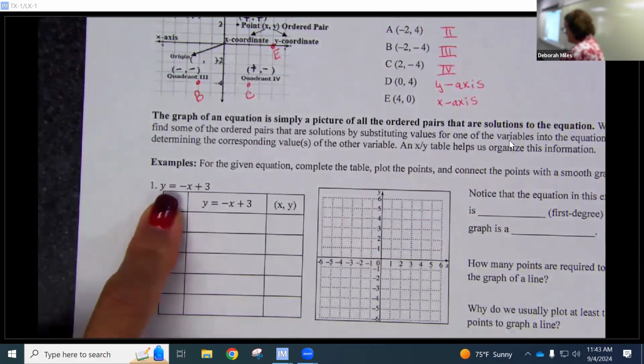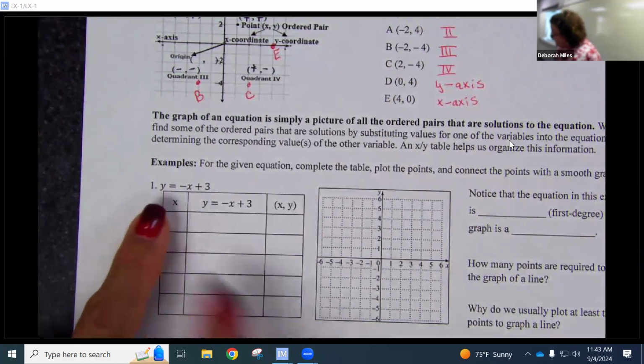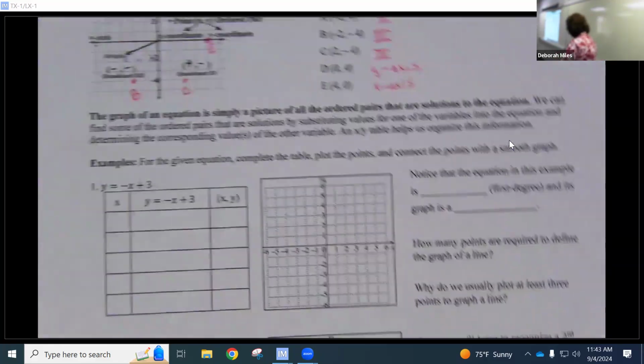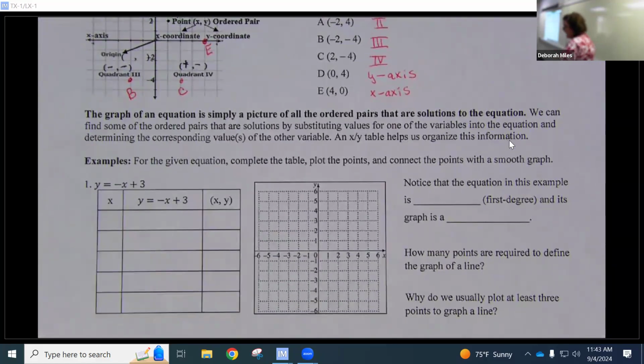It's a line. And the reason that I know that is it's a first degree equation. Now let's play like I don't know that, and I'm trying to figure it out. If you give me some equation, you ask me to graph it, and I have no idea what it looks like, what can I always do? Find some points on the line. Yeah, I can make a table.